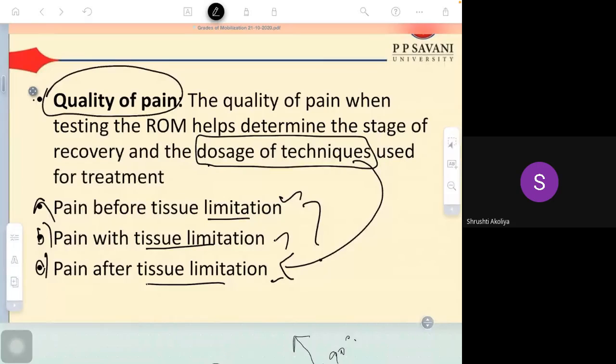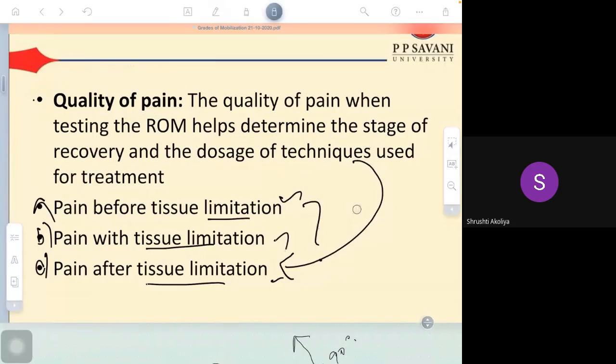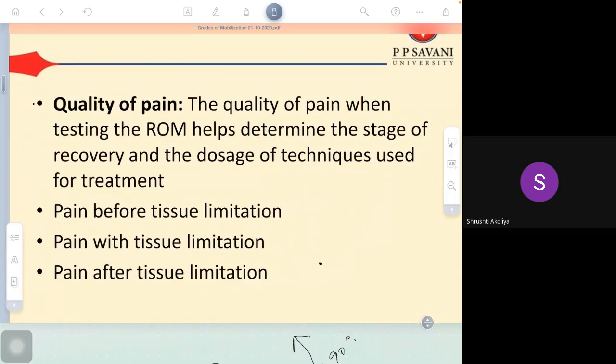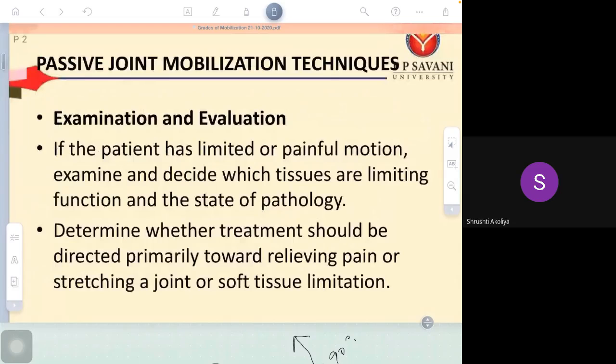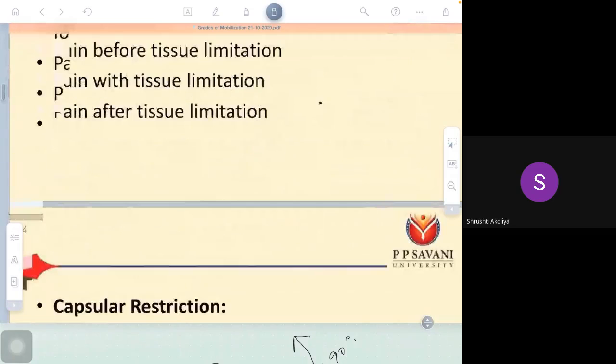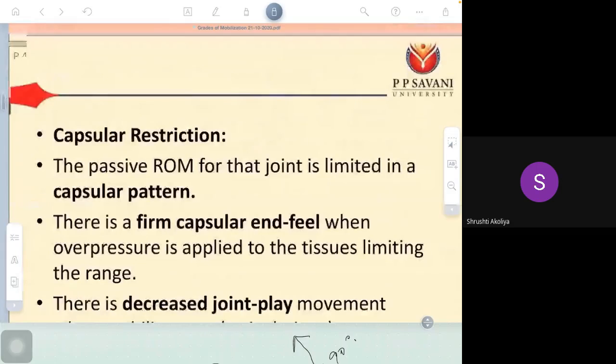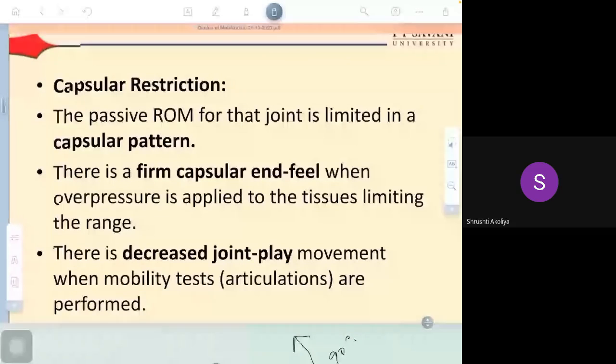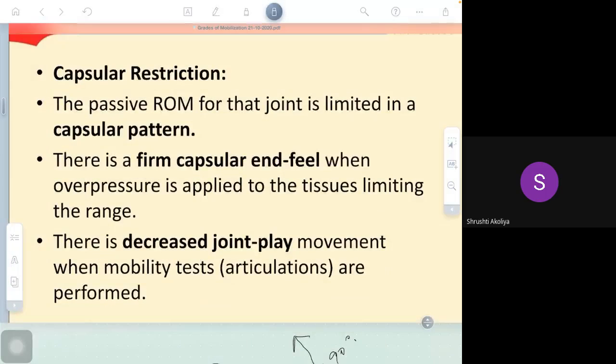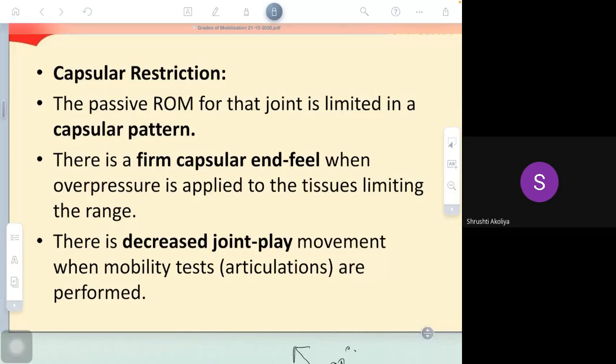So this is the second point. The first point is you will evaluate and examine, second you will assess the quality of pain, and third you will check the capsular restriction. Clear? Capsular restriction.